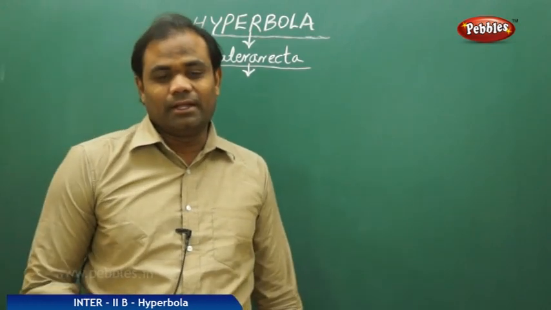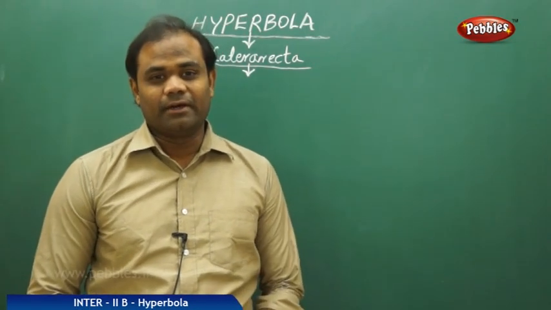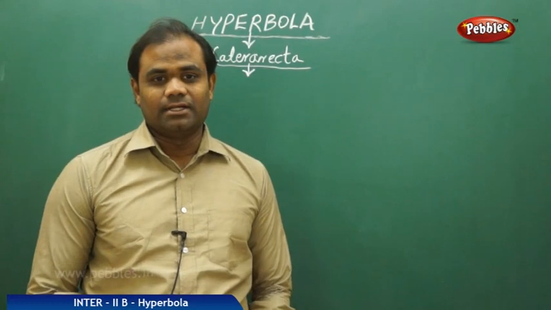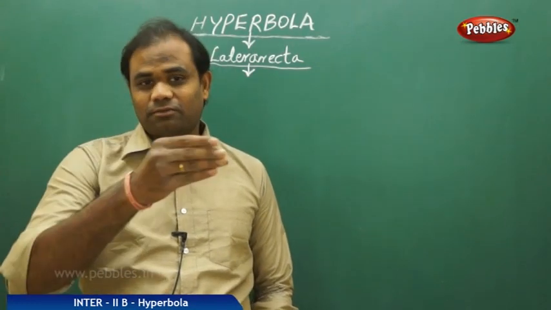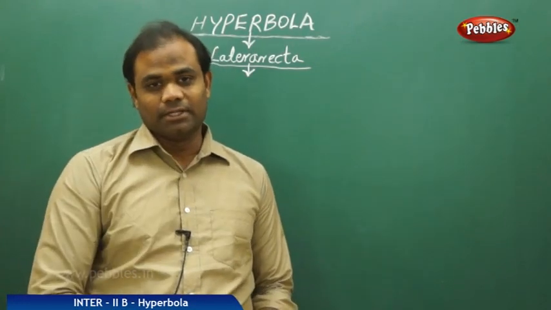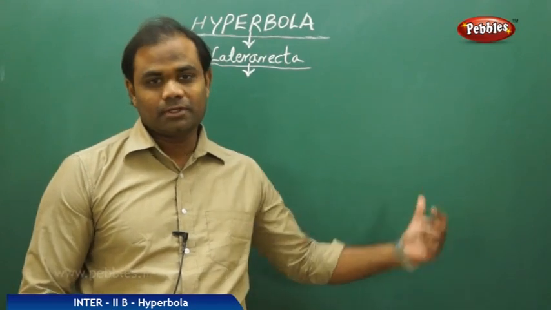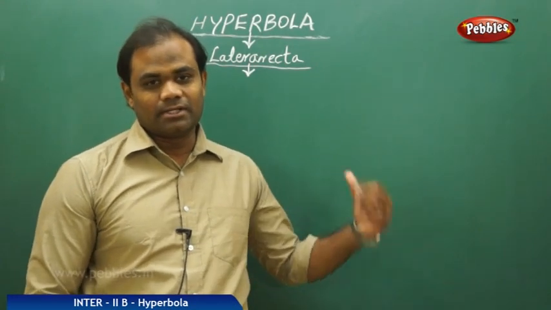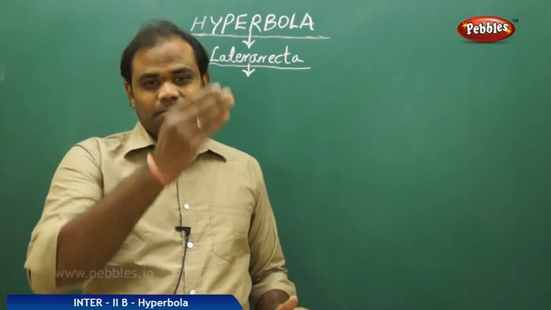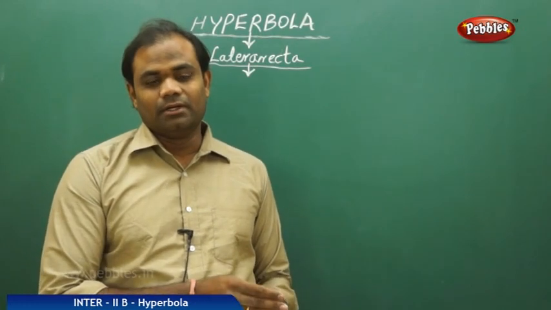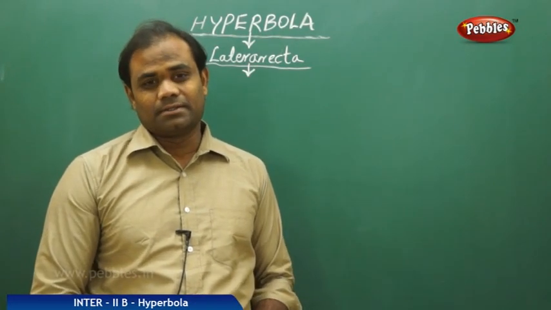Now in case of an ellipse or parabola, we have defined the latus rectum as a line or the chord which passes through the focus and which is perpendicular to the major axis. Similar is the case here: this is the line or the chord which passes through the focus and is perpendicular to the transverse axis.